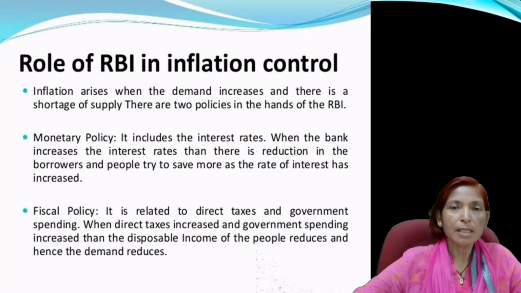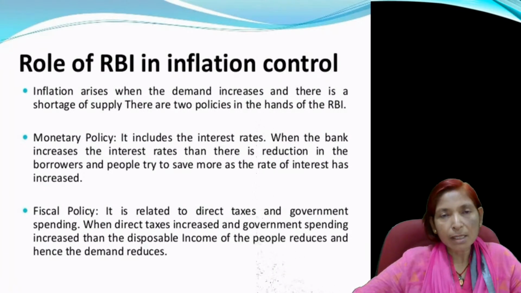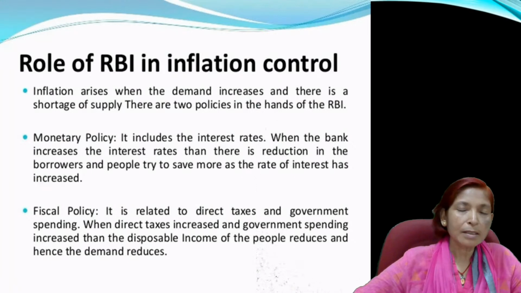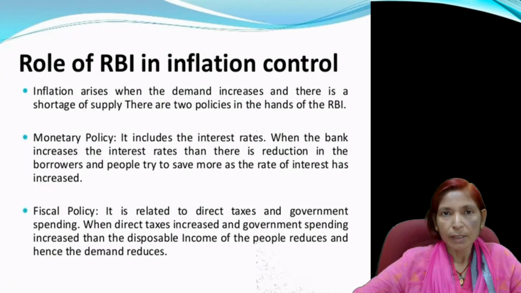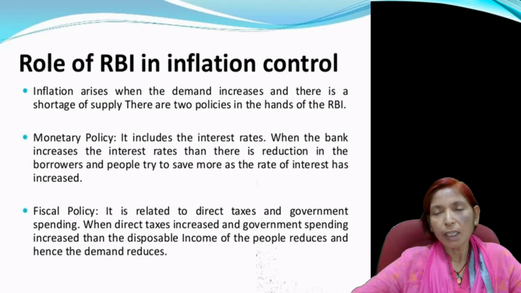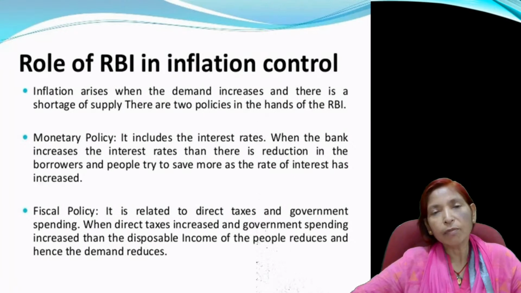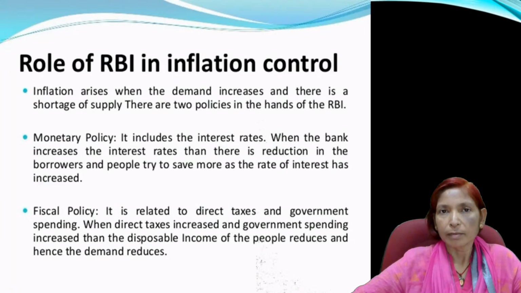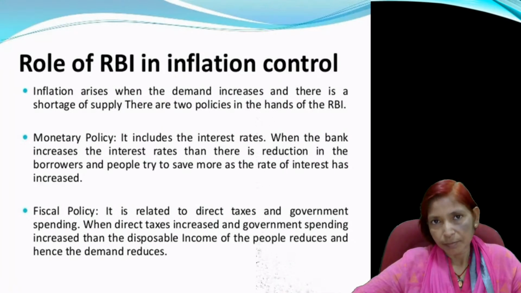If government spend less money and impose more taxes on consumers, then purchasing power of the country people will reduce and hence the demand reduce. To decrease the demand level, we can control the situation of inflation because generally inflation arises when demand is more than supply. This is known as demand pull inflation.